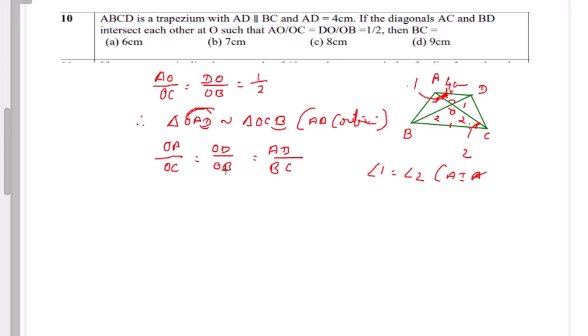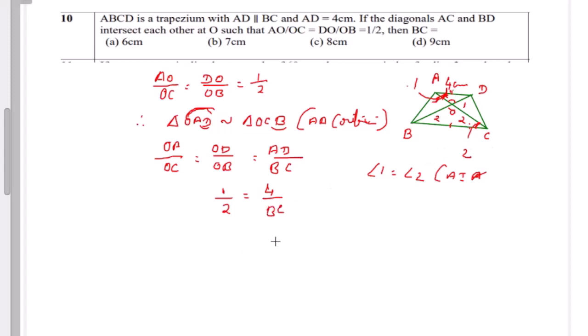Now OD by OB is actually 1 by 2, and AD by BC, we have to find out what is BC. AD is equal to 4 centimeter, as we are already given. So 1 by 2 is equal to 4 divided by BC.